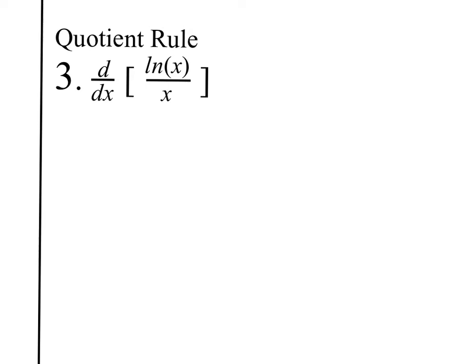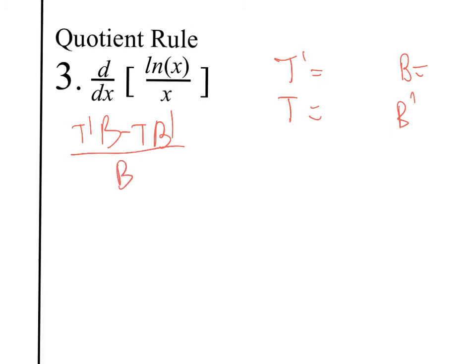He did top prime here, bottom here, and then top, bottom prime here, because we know the derivative is top prime bottom minus top bottom prime all over the bottom squared. So it made life a lot easier in terms of writing out your derivative.